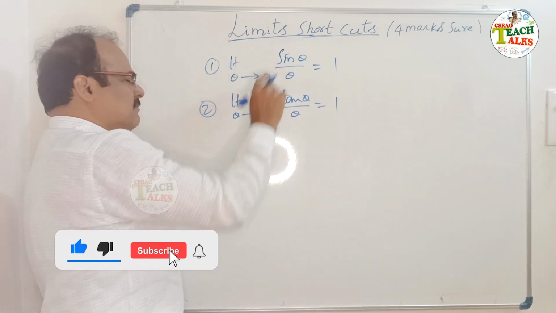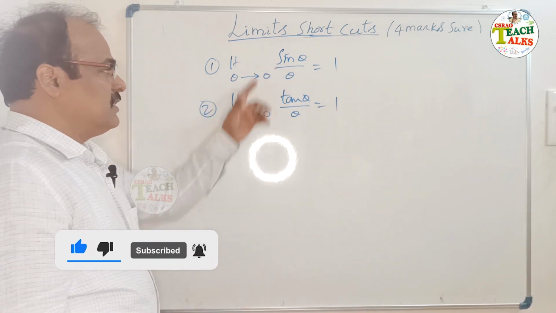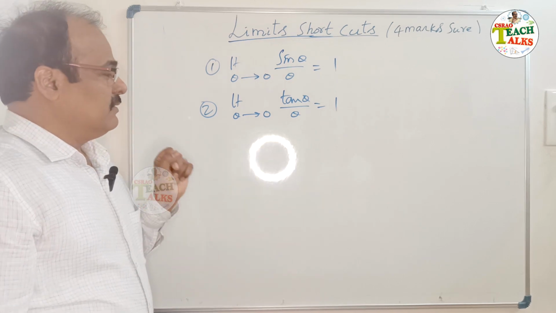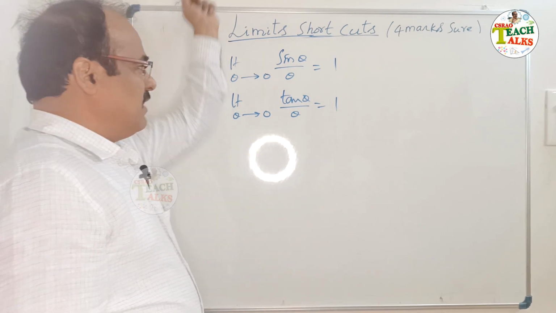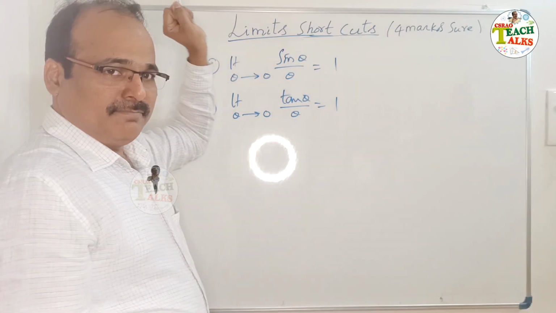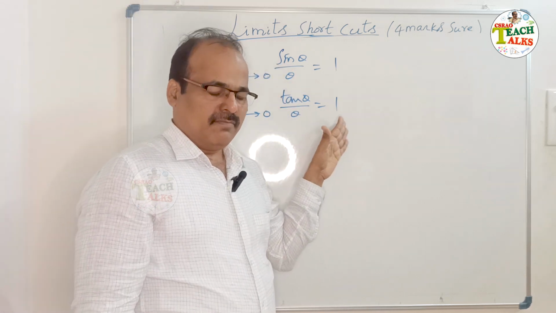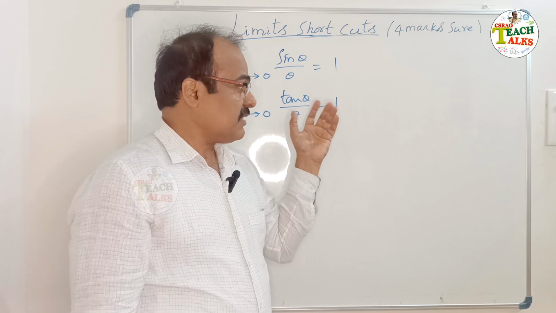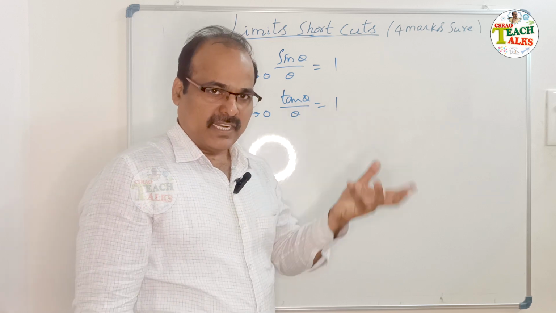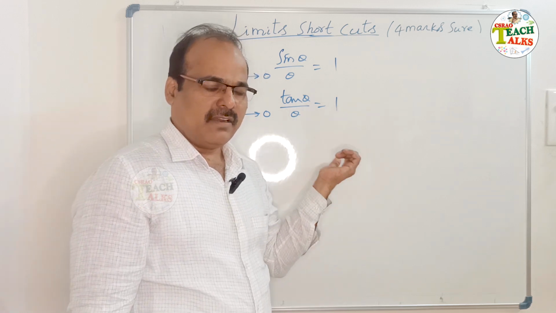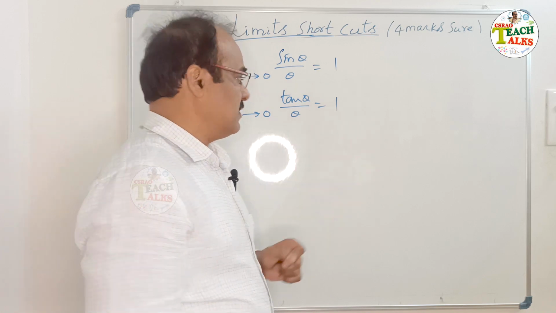You know very well about these two formulas, and they are very useful in limits. Based on these formulas, many problems have appeared in past examinations and will appear in future examinations.